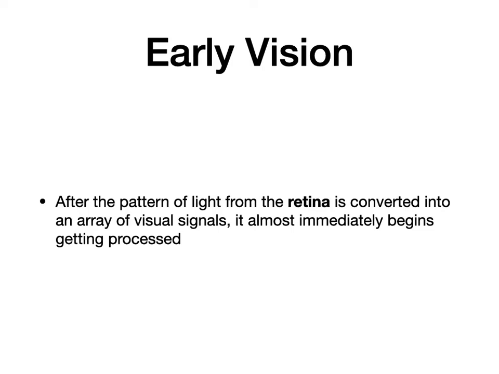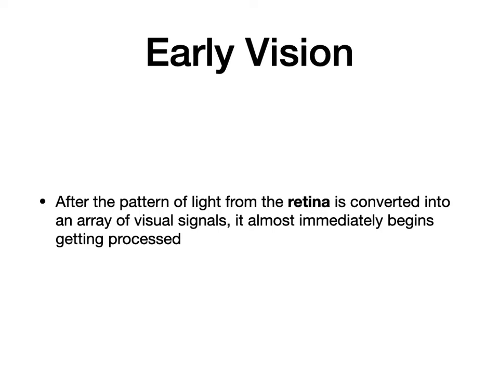That is something that your brain is handling down the line, but it starts as just photons hitting your eye receptors, and then something must be processed later on. So after the pattern of light hits your retina, it's converted into this array of visual signals, a whole set of signals all together next to each other. But the trick is it almost immediately begins getting processed.